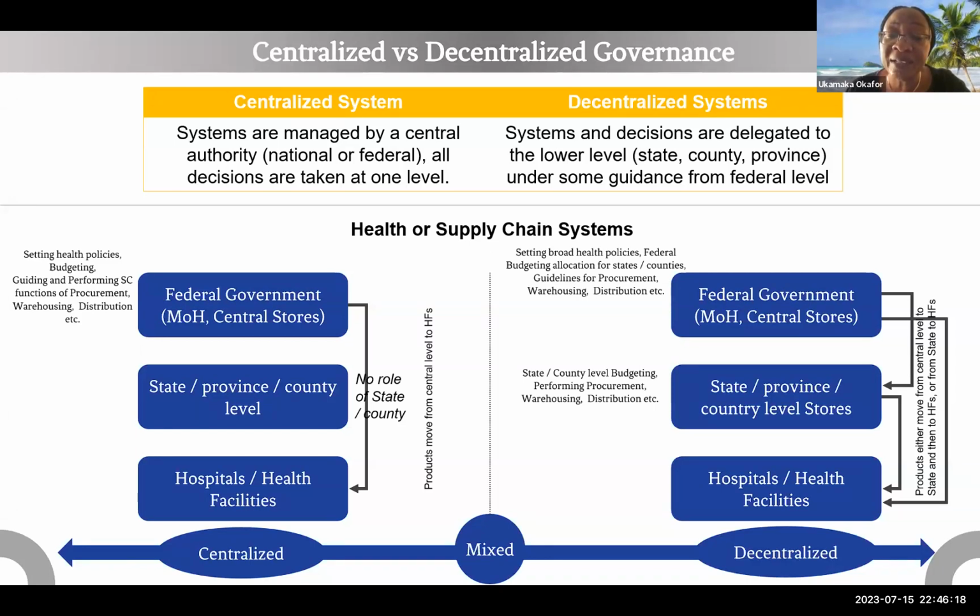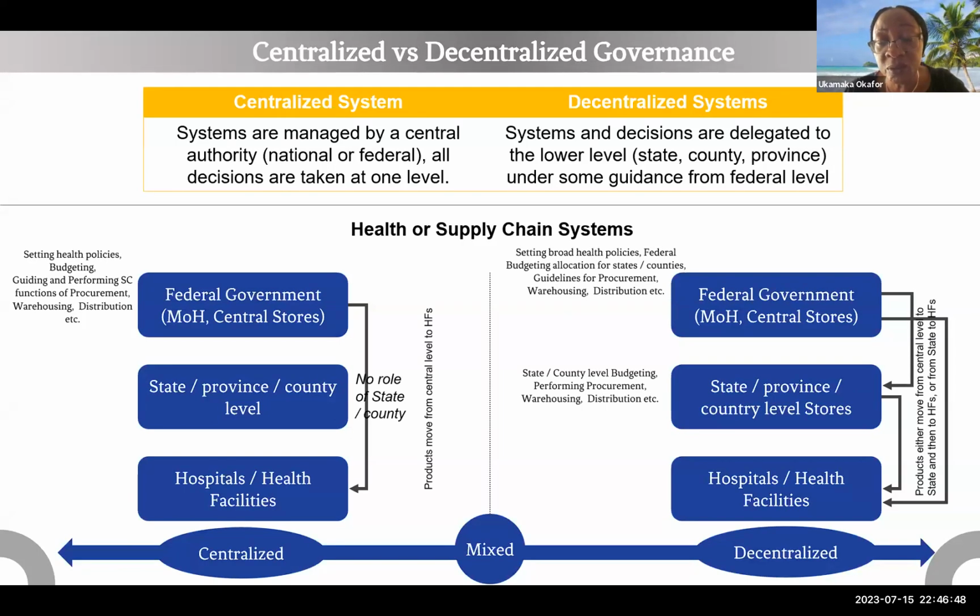Provided that all these structures align with the national plan, even the DMAs, the Drug and Medical Supplies Agencies that are in many states of the Federation, the states adapt the policies in such a way that they don't go contrary to what the federal government has done.